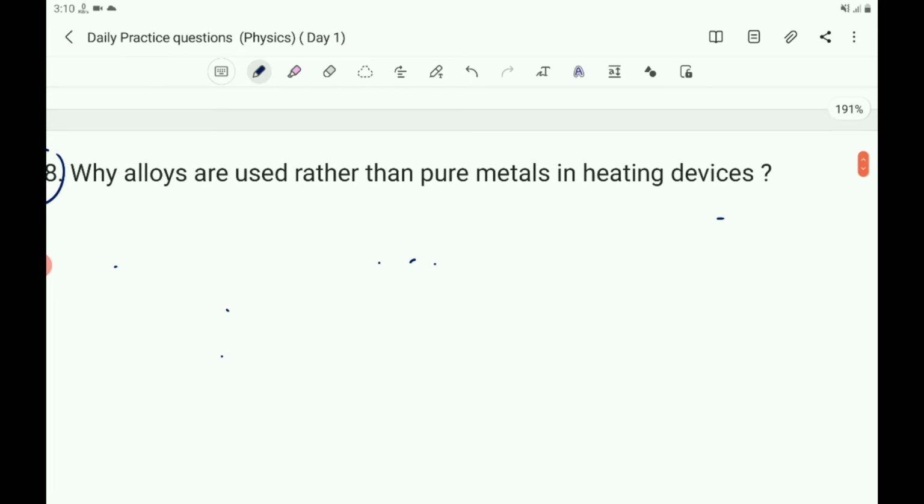So you write: as compared to pure metals, alloys have higher resistivity.